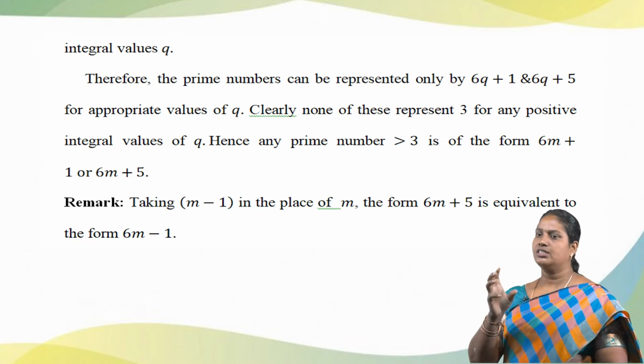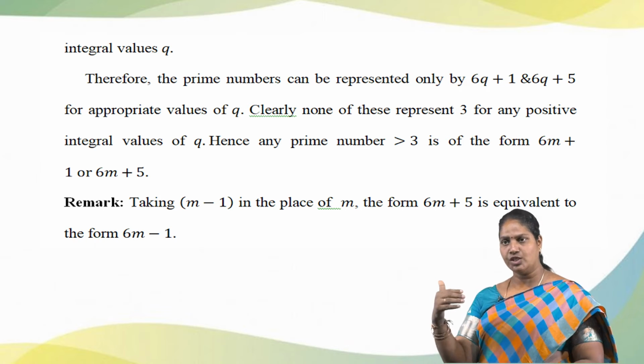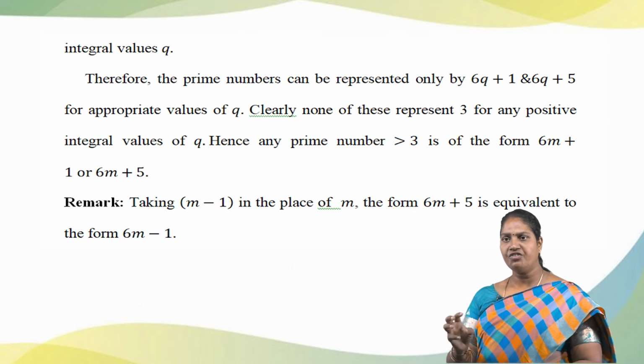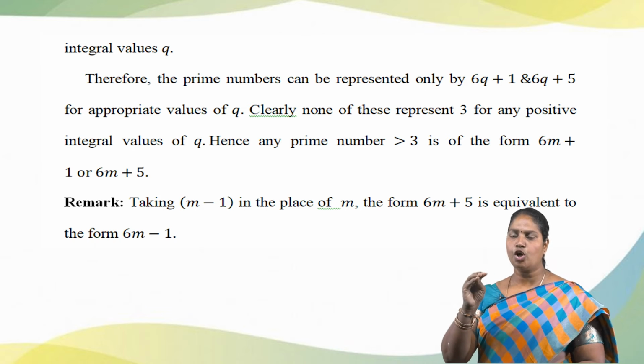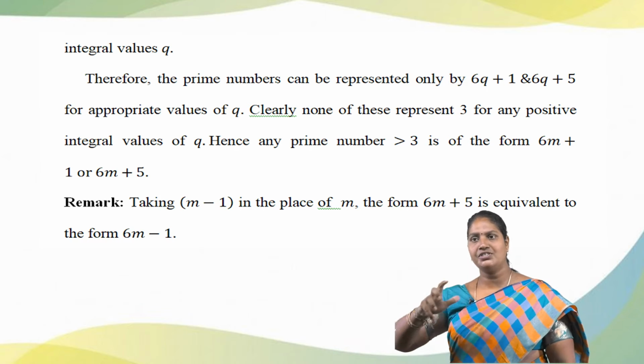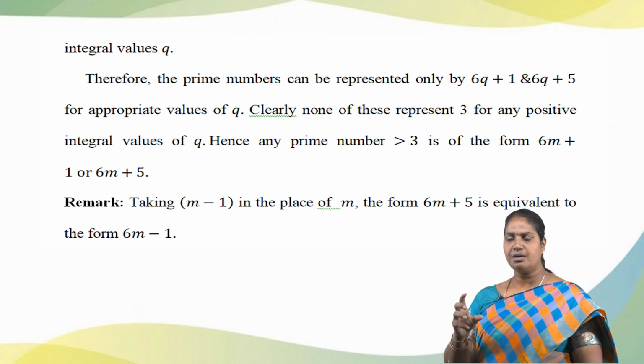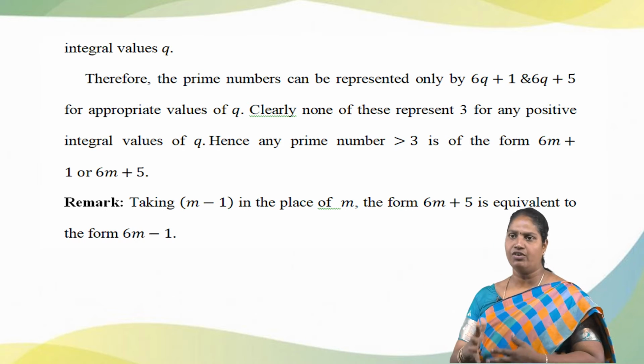We should not be strict on the notation 6m; we should view it as a multiple of 6 plus 1 and a multiple of 6 plus 5. So 6m minus 1 and 6m plus 5 are both equivalent forms.